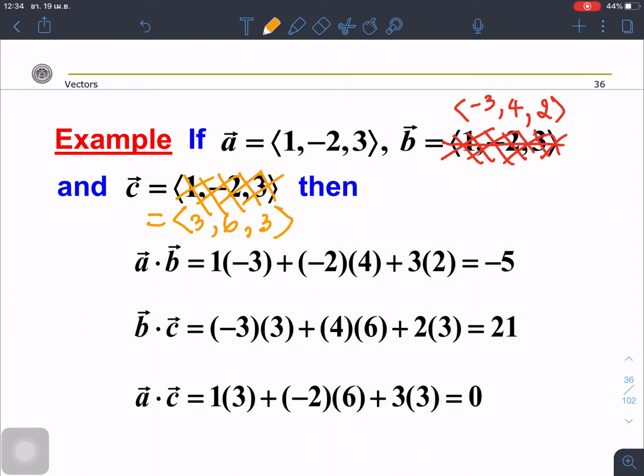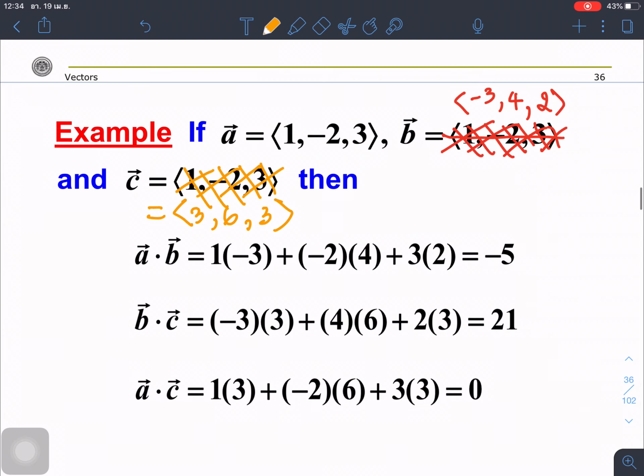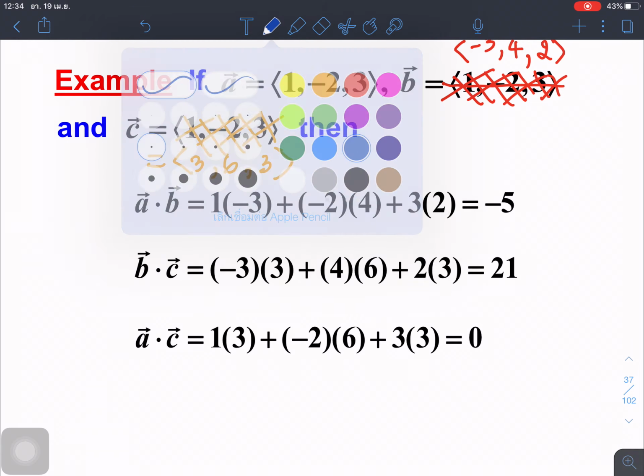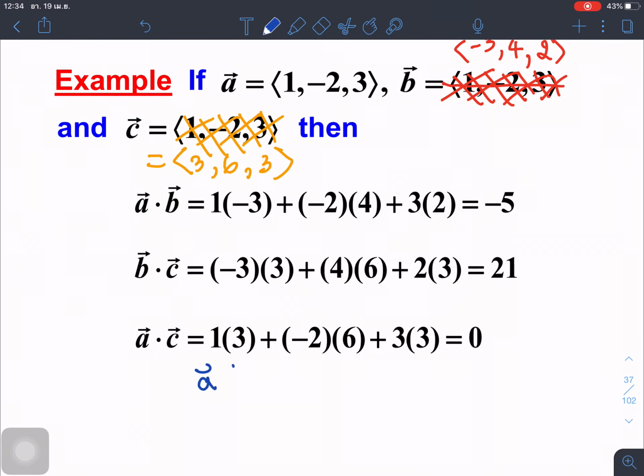It's okay to have a negative number. If it's negative, remember theta is obtuse. And B dot C works the same. A dot C is zero. The conclusion here would be A is perpendicular to C. A and C are orthogonal to each other.